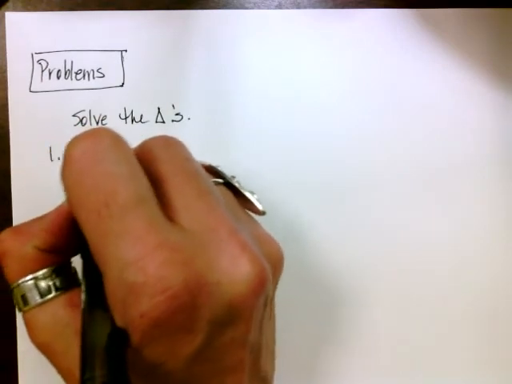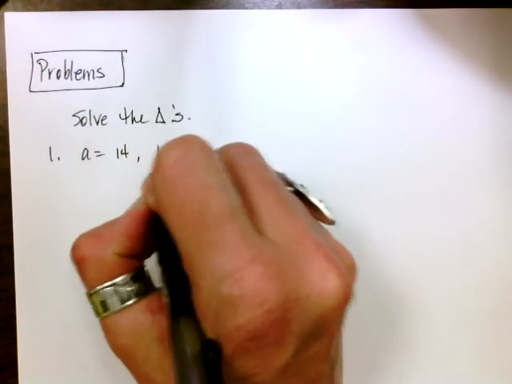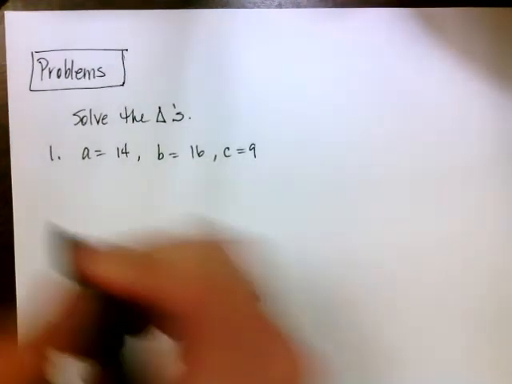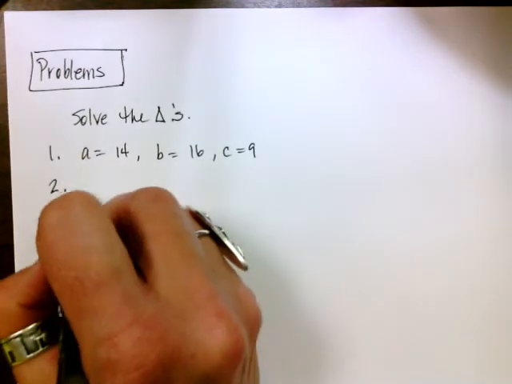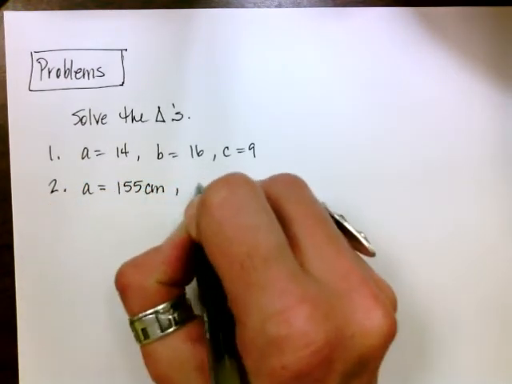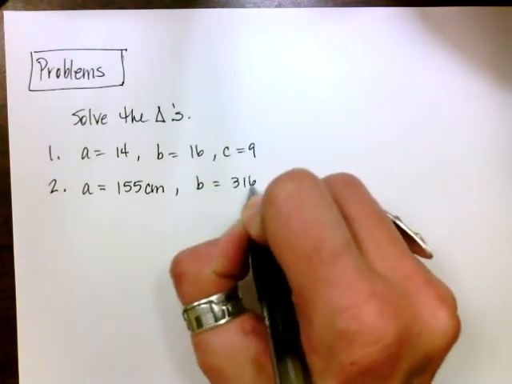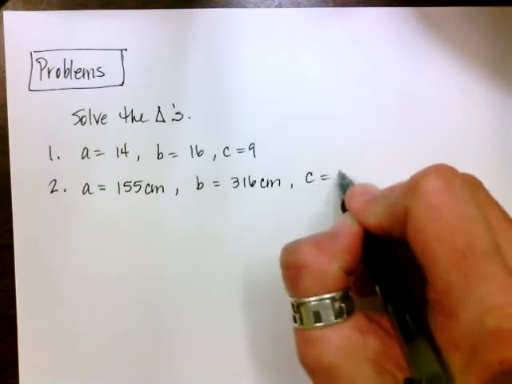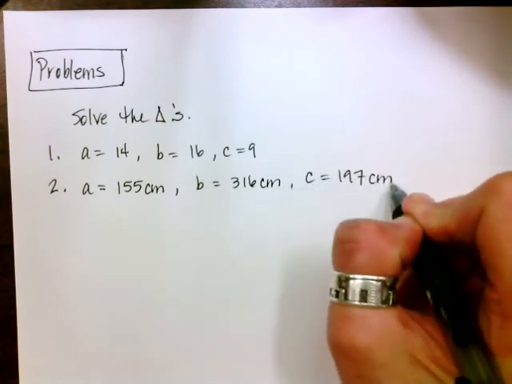Number 1, A is going to equal 14, B is going to equal 16, and C is going to equal 9. The second triangle, A is going to equal 155 centimeters, B is going to equal 316 centimeters, and C is going to equal 197 centimeters.